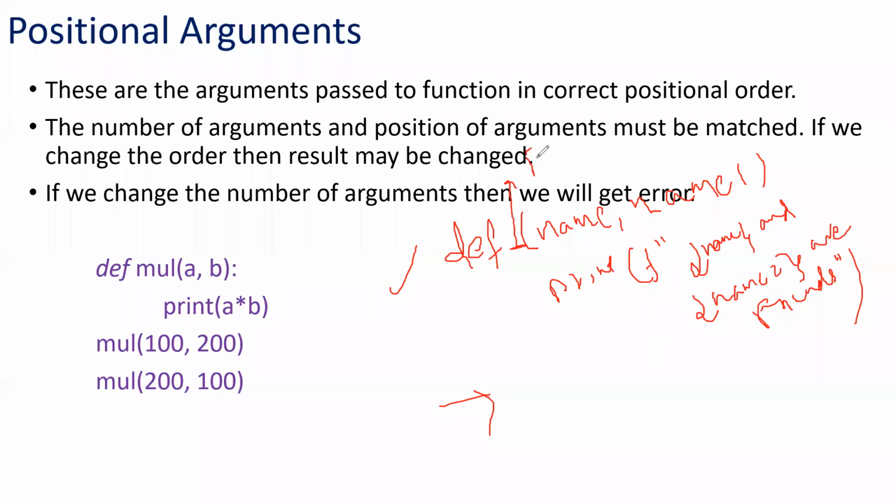Let's take friend. Friend is my function name, and name and name one are both parameters. I want to pass Rajesh, Mahesh. Now tell me the output.